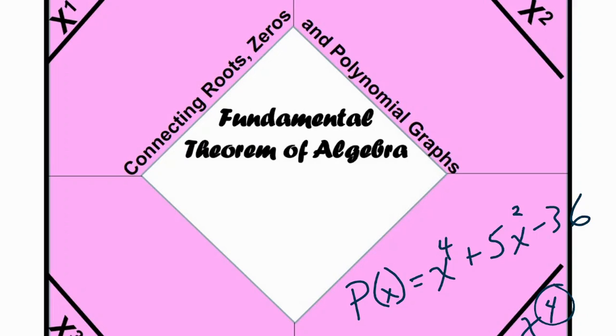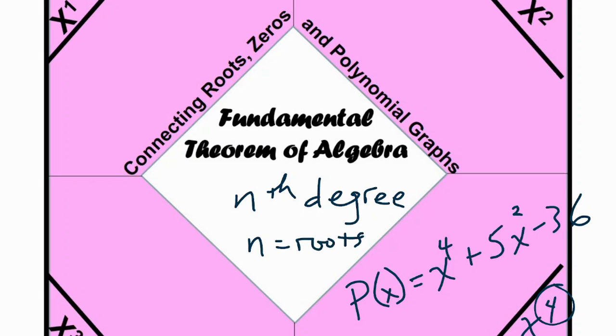Now remember, according to the fundamental theorem, the nth degree is going to give you the total number of roots. So that means that we should end up with 4 roots for this problem.